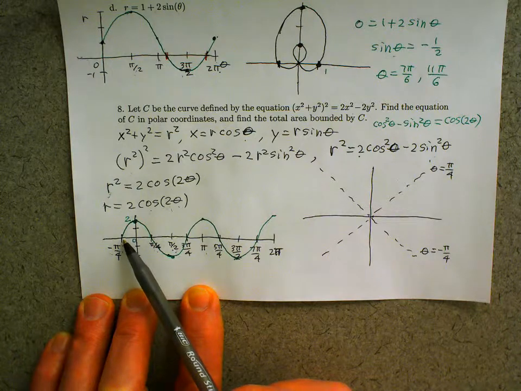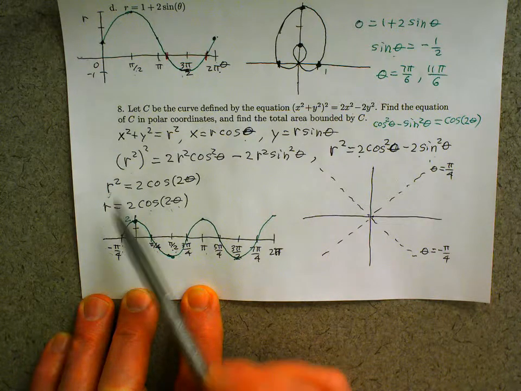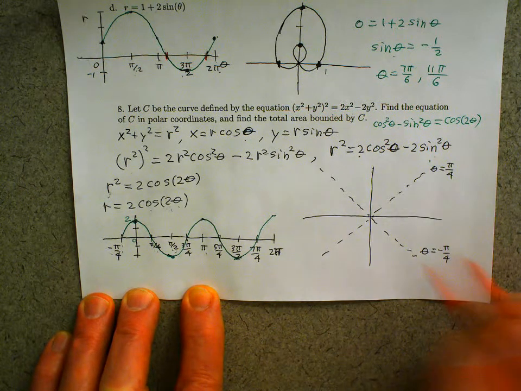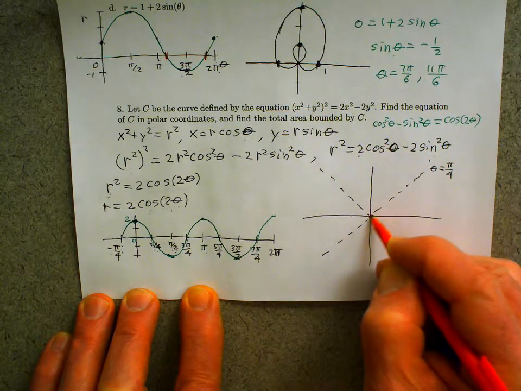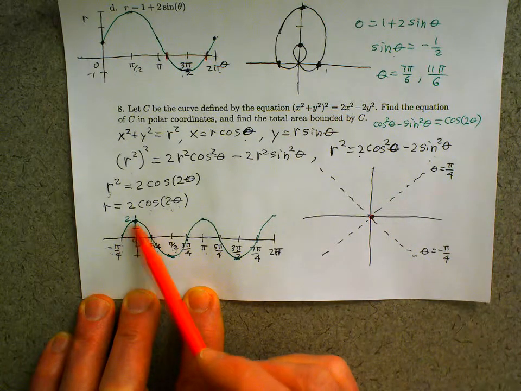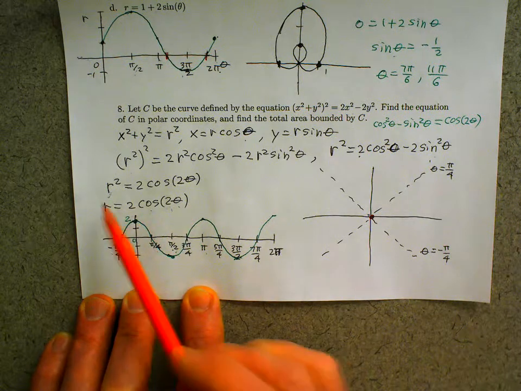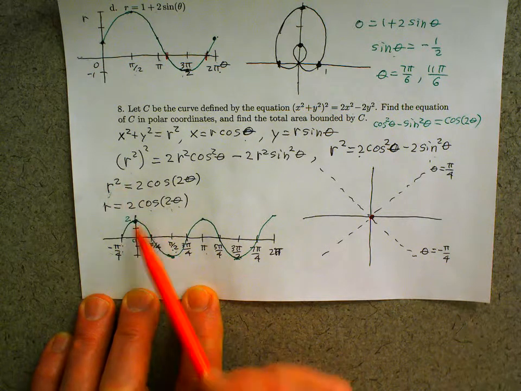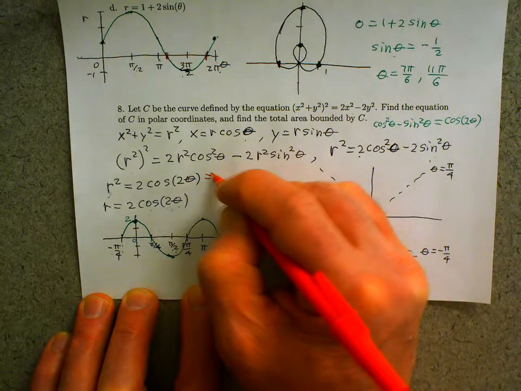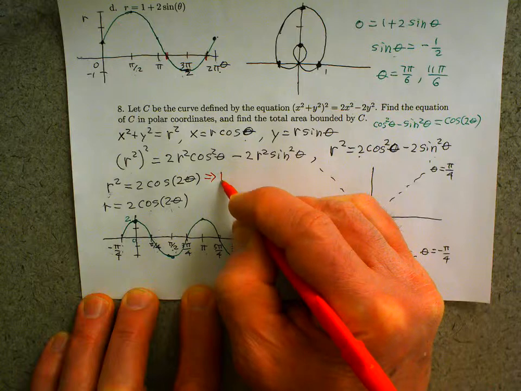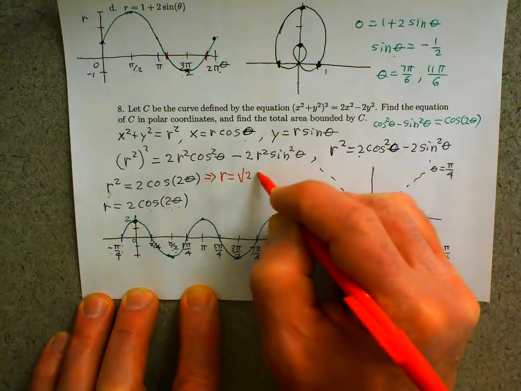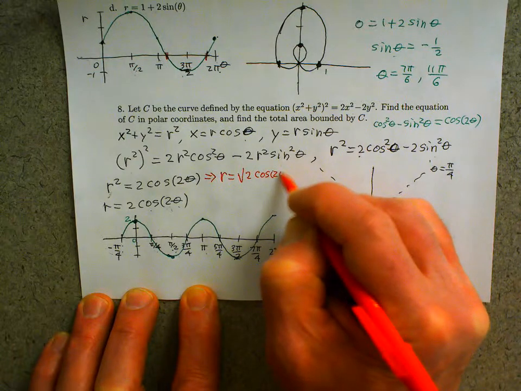So at negative pi over 4, the r value is 0. When we get to 0, the r value on this graph is 2, but if it's r squared, it has to be the square root of 2. So just note that we're going to use r equals the positive square root of 2 times cosine of 2 theta.